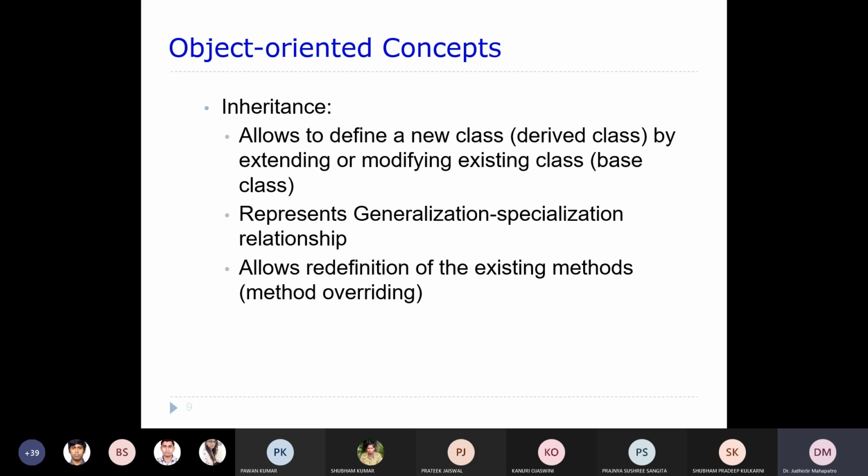Let's say sum is a method. You can have summation of two numbers, summation of three numbers, and a method for summation of four numbers. All of these methods have the same name, but their characteristics are a little different.